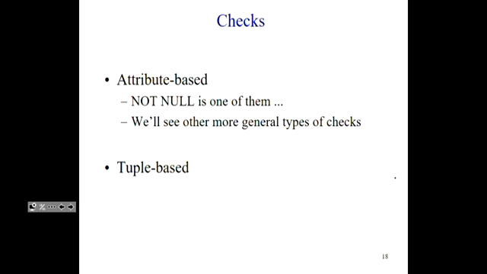Let's talk about very specific types of checks, which are attribute-based checks and tuple-based checks, in a more general context. The ones that we've been talking about are very specialized. These are more general. The attribute-based ones target one attribute at a time. Tuple-based ones target more than one attribute at a time.